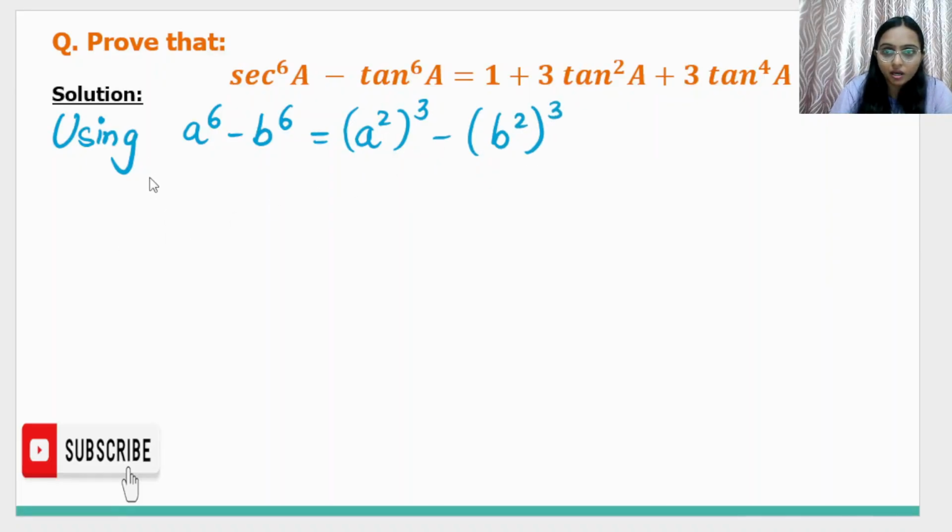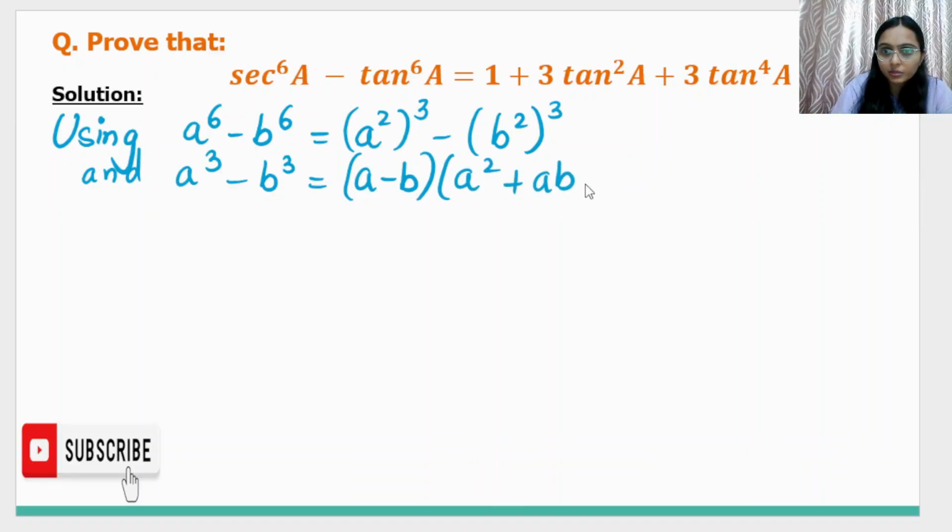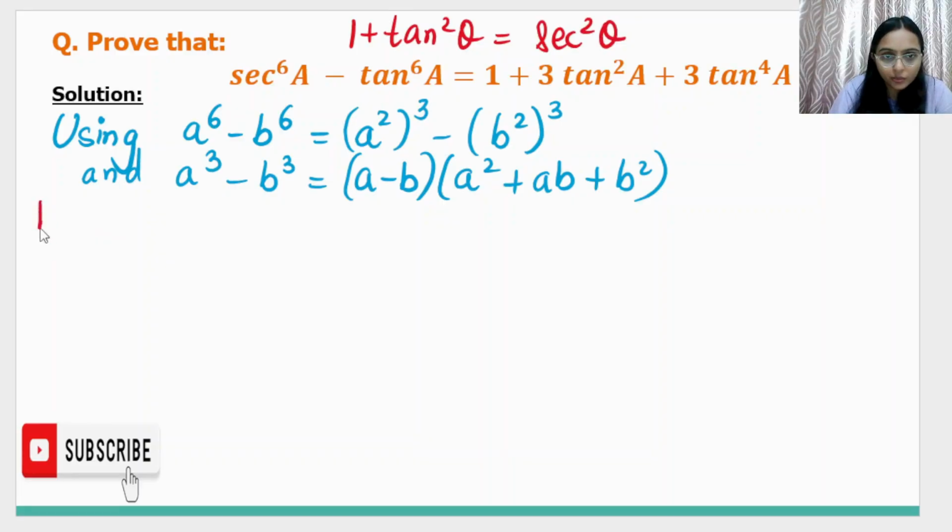And one more formula which we are going to use is a cube minus b cube, which is a minus b, a square plus ab plus b square, right? And the trigonometric identity 1 plus tan square theta equals sec square theta. So let's start with the left hand side.